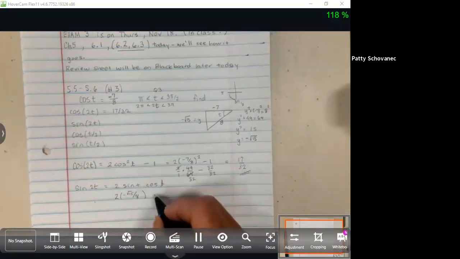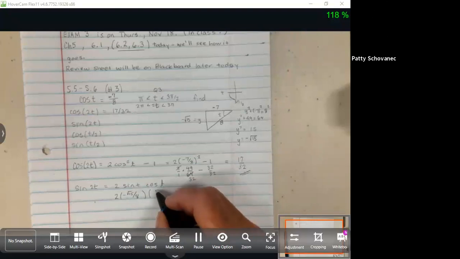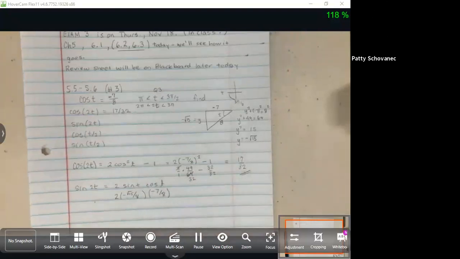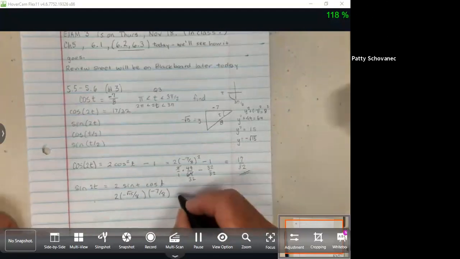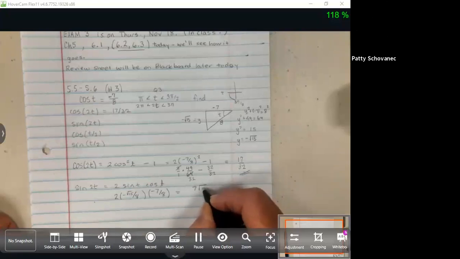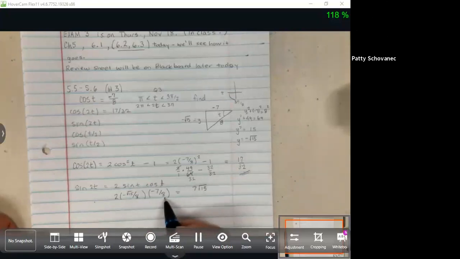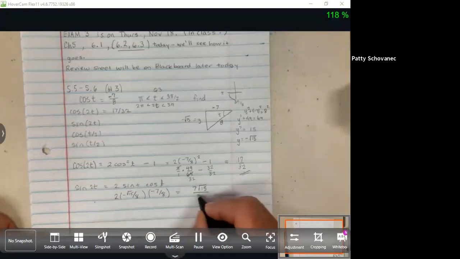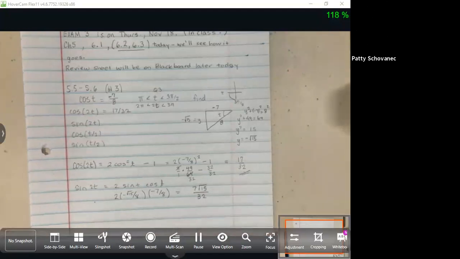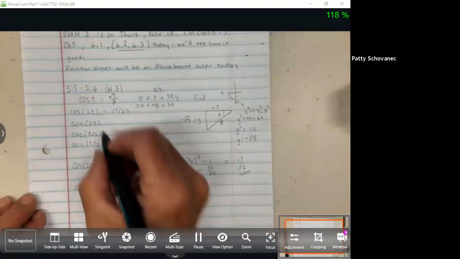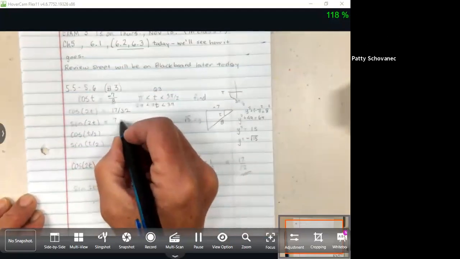And then the cosine of t was given as negative 7/8. The negative square root of 15 times the negative 7 gives me a positive 7 square root of 15. 8 times 8 is 64. Again, divide that by 2, and I get 32. 7 square root of 15 divided by 32 is the sine.